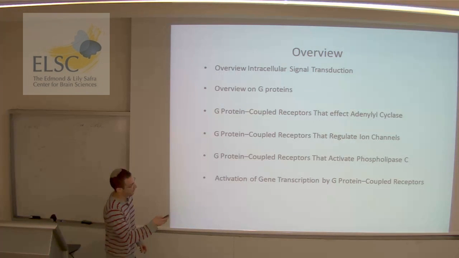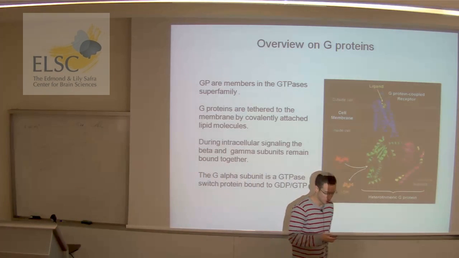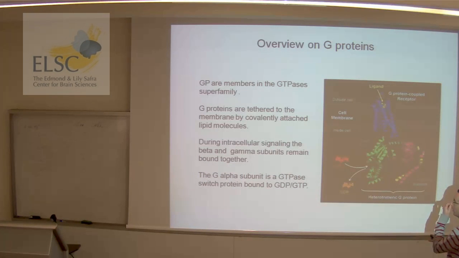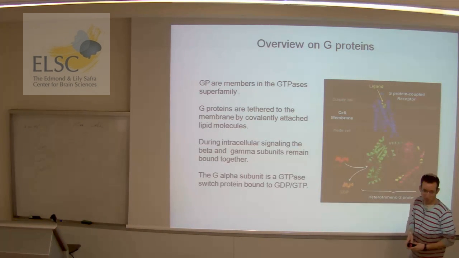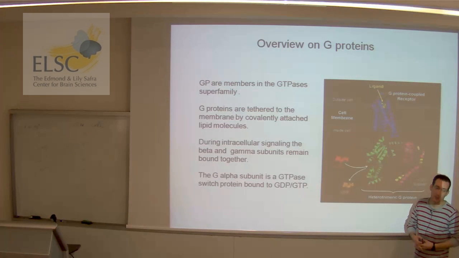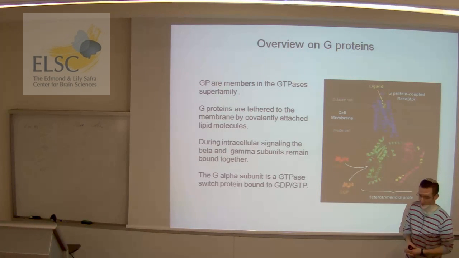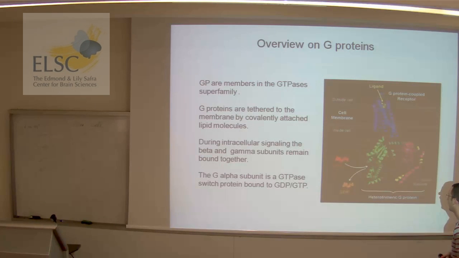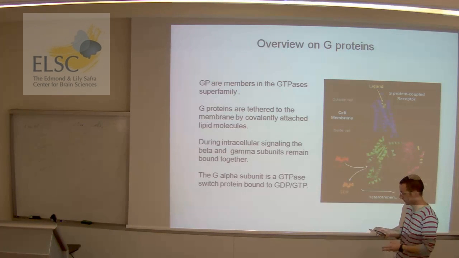So let's proceed with the structure and function of the G proteins, and start by saying that G proteins are members in a bigger family of proteins that are GTPases, meaning they hydrolyze GTP. These proteins are tethered or anchored to the plasma membrane via covalent interactions with the lipids in the membrane.